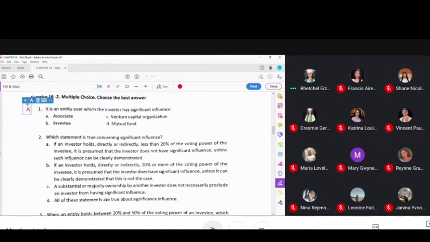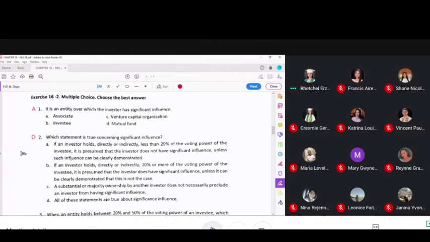For Charlie class, the point there is you already have more than 50% interest in the business. Normally, that makes you the majority shareholder. That makes the investee your subsidiary. But it's possible that even though you have more than 50%, you do not have control yet.